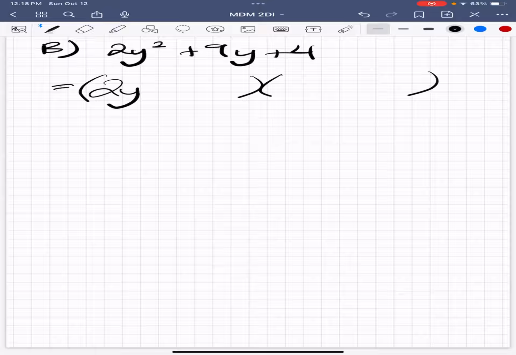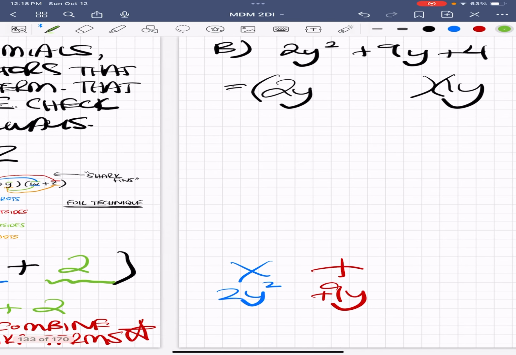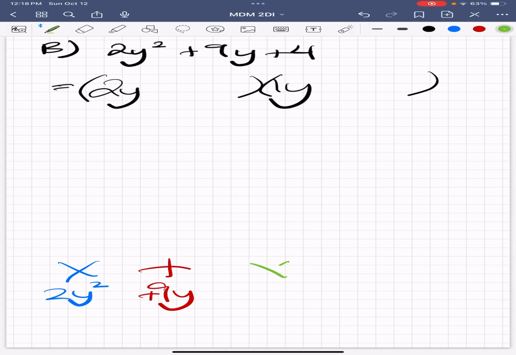We need 2y and 1y. We need factors that multiply to 2y squared, add to 9y, and then multiply to a positive 4.